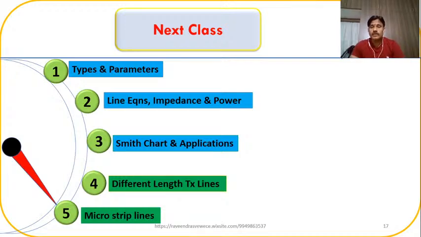Those different length transmission lines we will consider, and again we will see microstrip lines and some other Smith chart problems. In the next class we are going to consider the practical Smith chart and see how to solve the transmission line problem using the Smith chart.